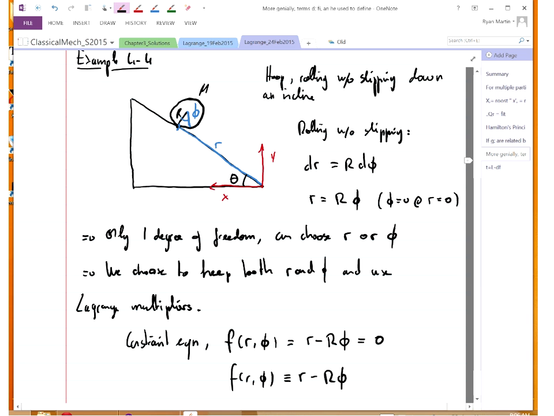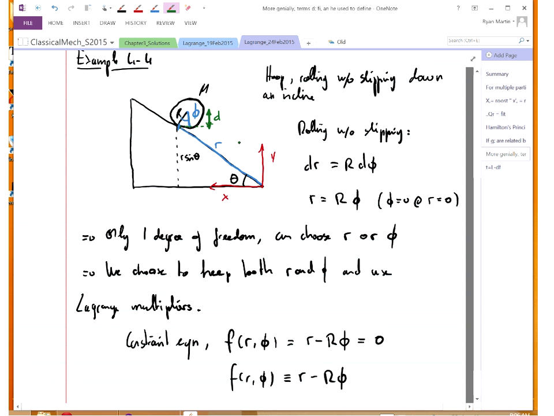The y position of the point of contact, this distance here, is r sine theta. And the center of mass itself is a little bit higher than that, right? Let's call that distance b from where r sine theta is.